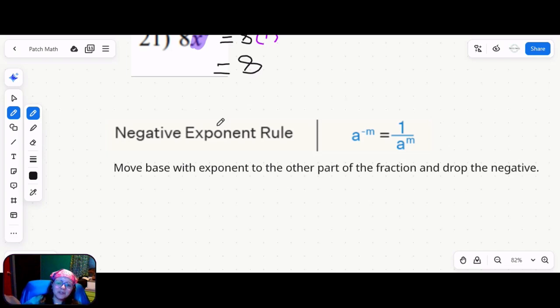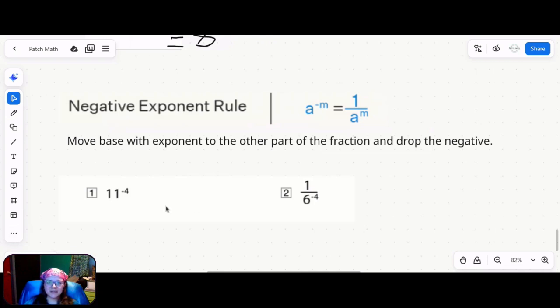If I'm in the numerator and I have a negative exponent, move me and my base to the denominator and make my exponent positive. If your base with your negative exponent is already in your denominator, it's still screaming, hey, this negative exponent says I'm in the wrong part of the fraction. Move me from the denominator to the numerator, make that exponent positive, and you are done.